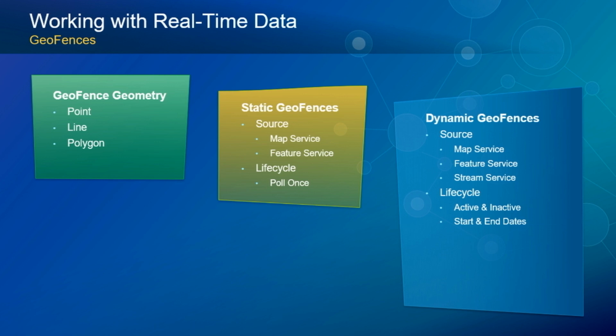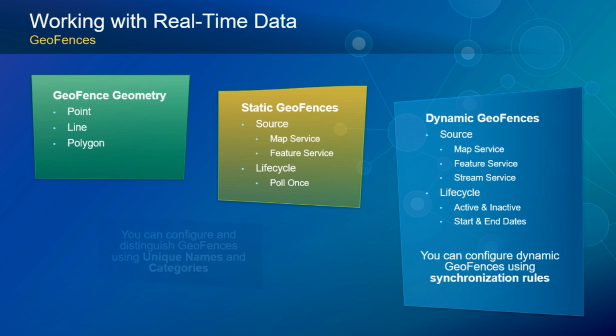If we're watching a storm move across, let's say, a state or the country, it doesn't do us any good to just pull that storm once and have a static cloud just looming there. We want to get a continuous update of that feature as it shifts and moves and its geometry changes. So we can use dynamic geofences for that. And this is done using synchronization rules. So again, that's setting up that time interval.